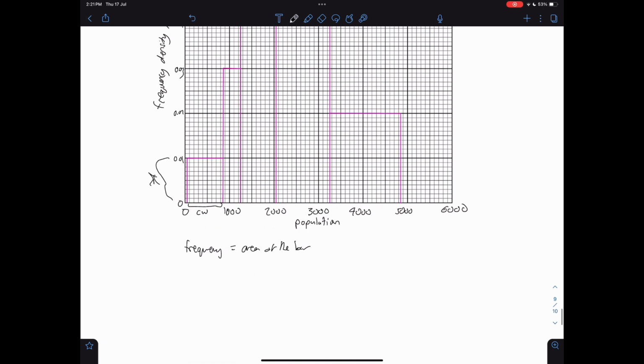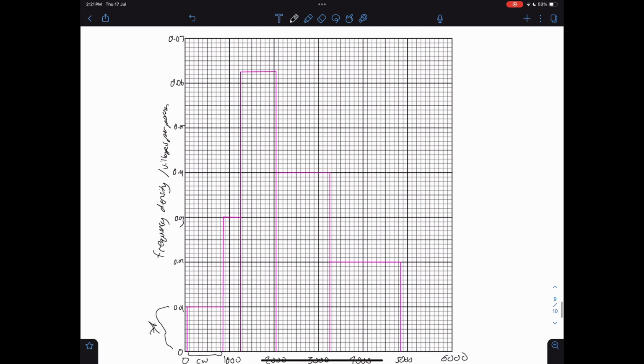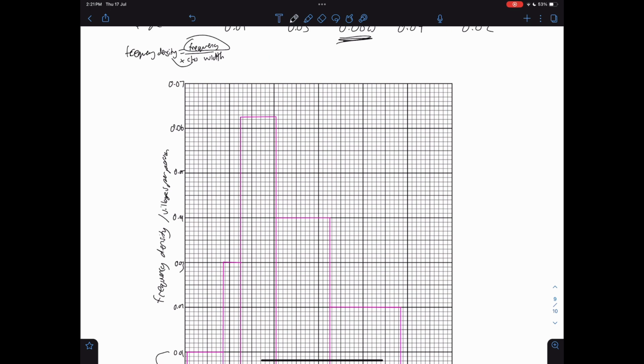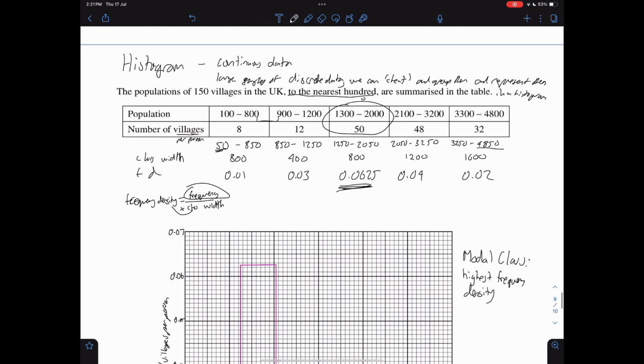Now, we can look at a few things with the histogram. The most important thing probably is modal class, which means the interval with highest frequency density, and that is this one because it has the highest frequency density.